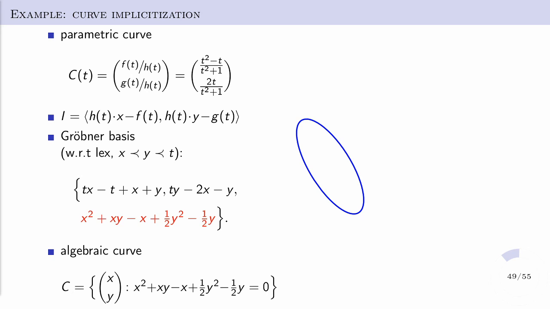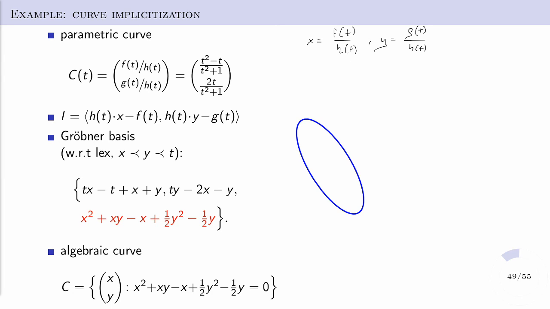So assume that we are given a parametric curve of this form. More generally, x is f of t over h of t, and y is g of t over h of t. So we have a parametric curve given this way. We need to change this into a system of polynomial equations.